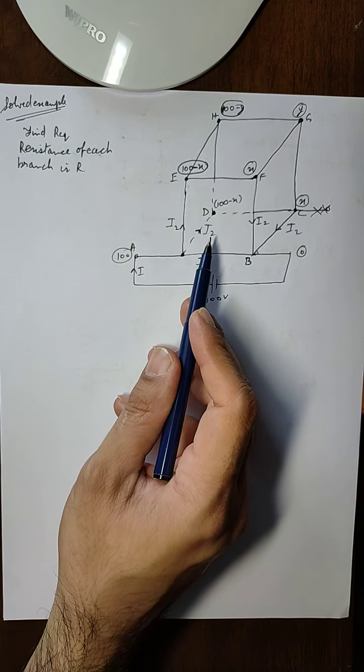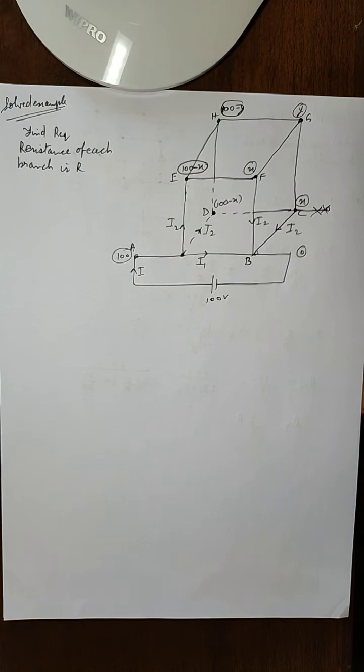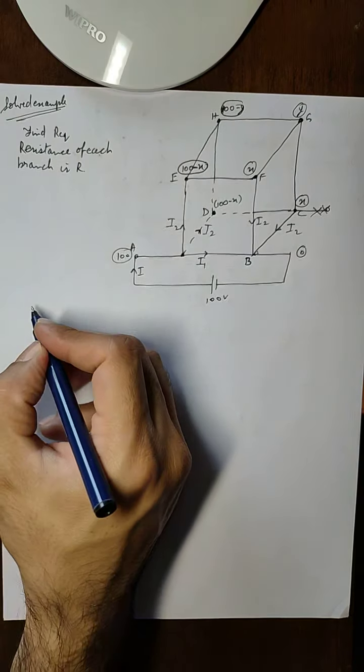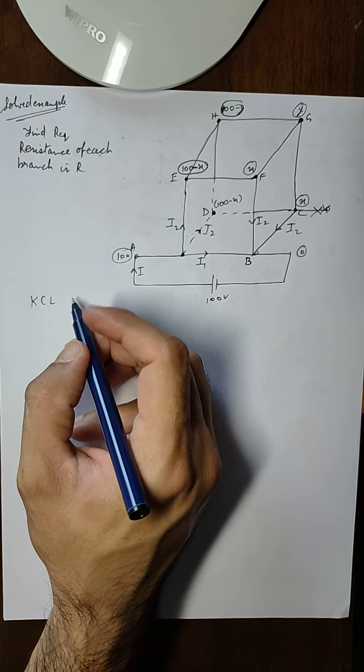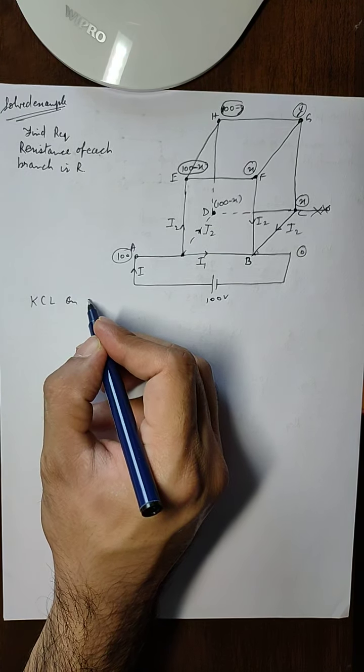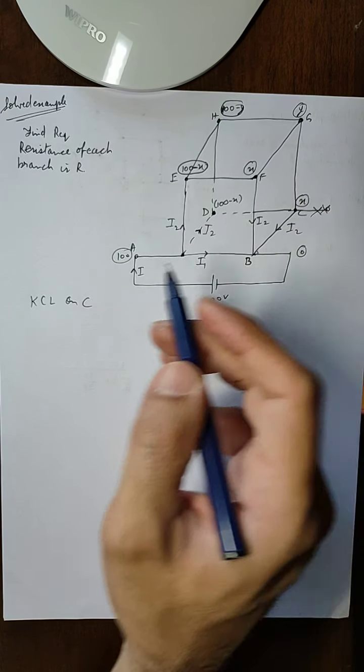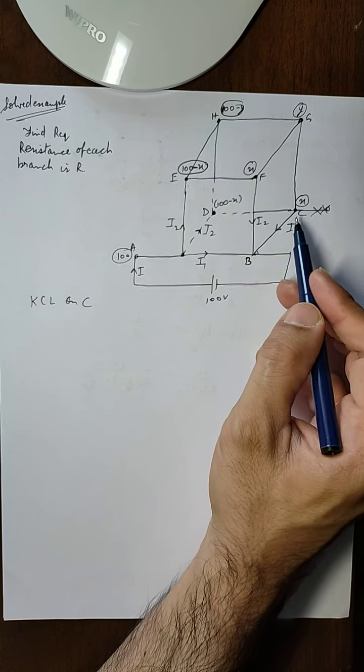Now we have two variables X and Y, so obviously that means that we have to apply Kirchhoff current law. We need to find two equations. So let us say that first we apply Kirchhoff current law on point C. In this point we have three branches.